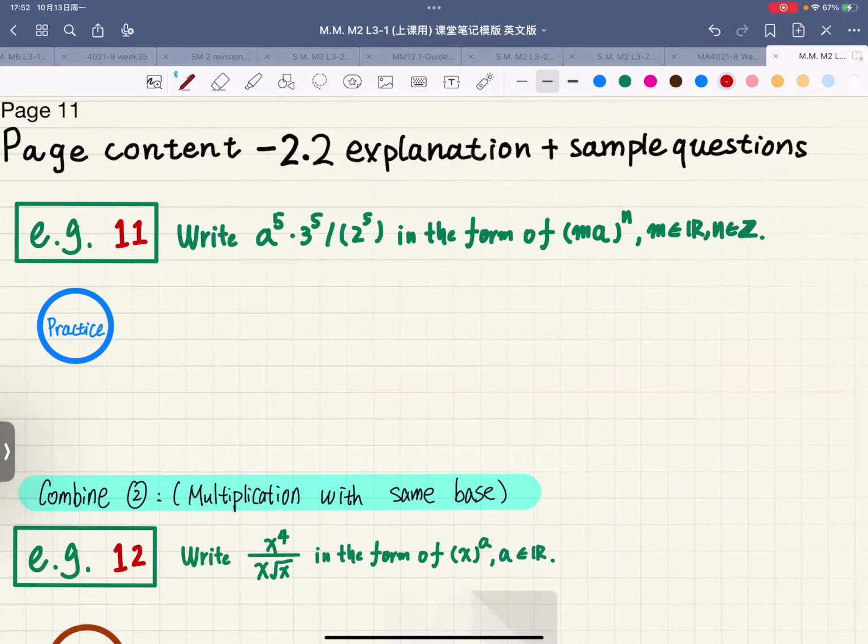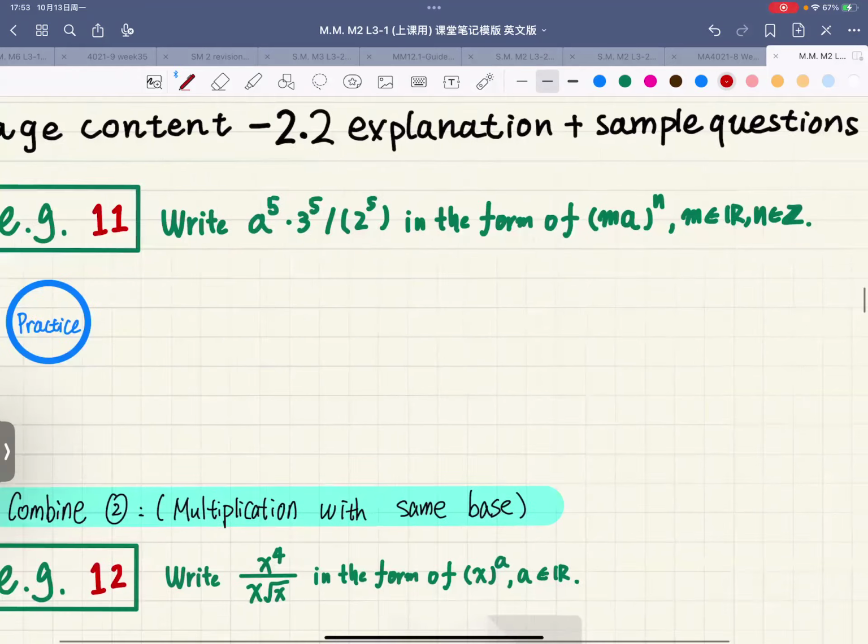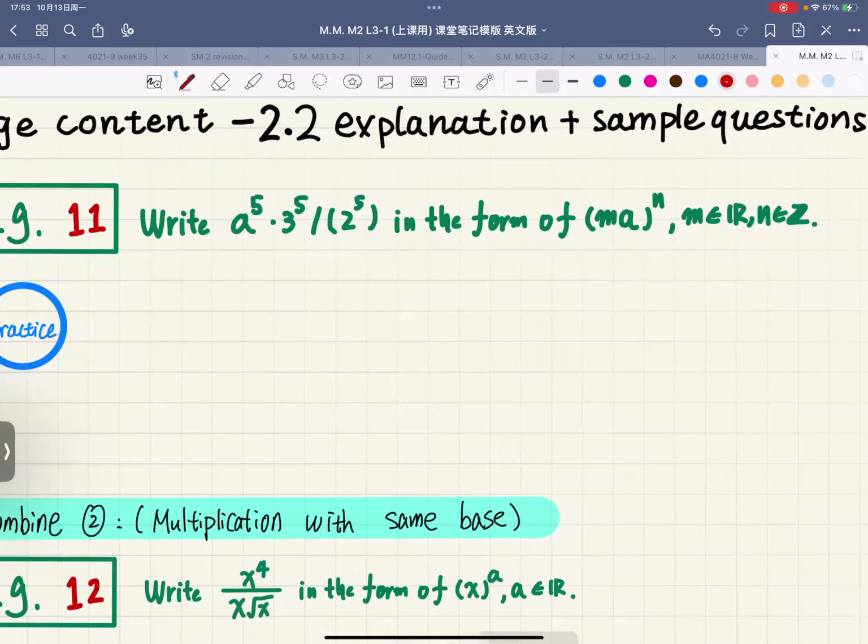Now, this one: a to the power of 5 times 3 to the power of 5 divided by 2 to the power of 5. Write that in the form of m times a bracket to the power of n, where m is a real number and n is an integer.